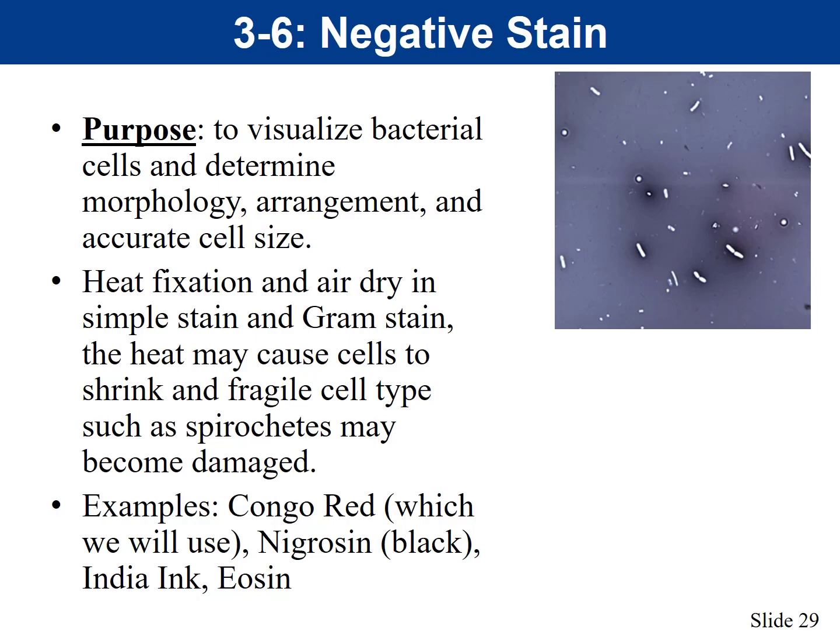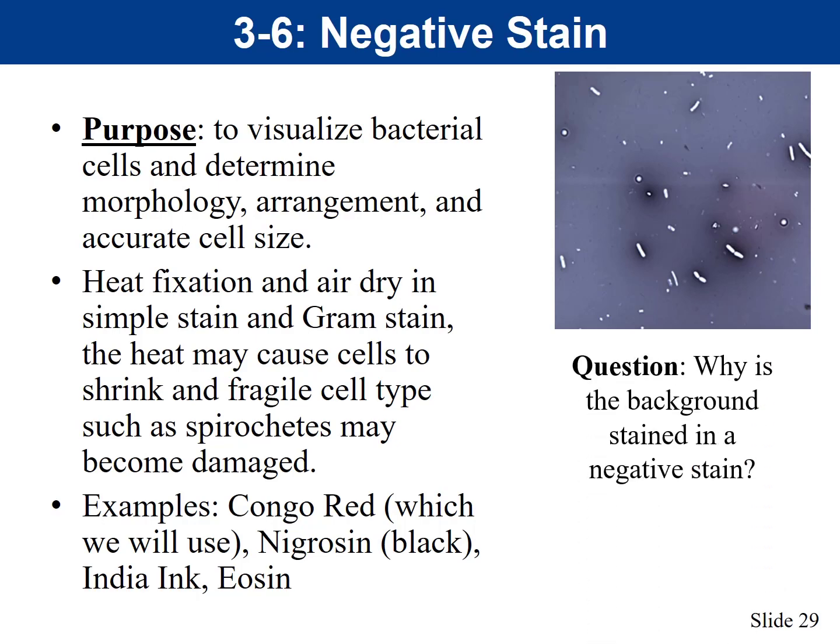Additionally, fragile cell types like spirochetes or spirals are very sensitive, and if you do a heat fix step, it can cause those fragile cells to become damaged, and it would no longer allow you to visually see the appropriate type of morphology. And so the reason that we do a negative stain is that we don't use heat, and that's used to determine accurate cell size as well as proper morphology and arrangement.